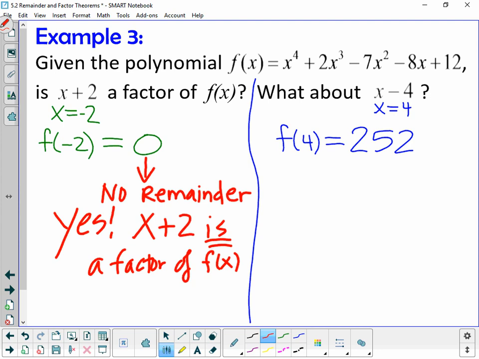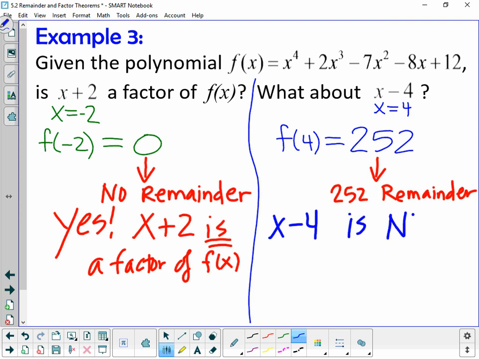And this remainder here means that x minus 4, the factor we were testing, is absolutely not a factor of the function f of x.